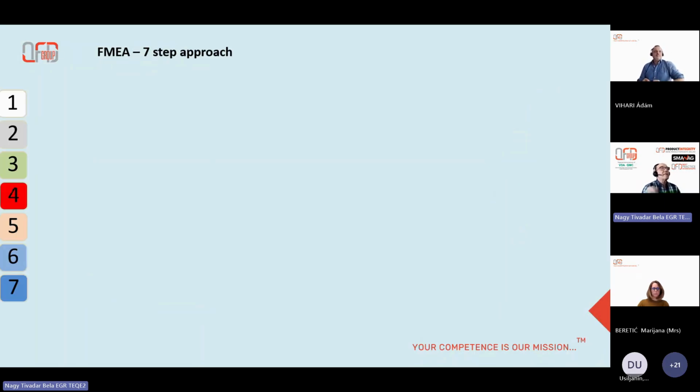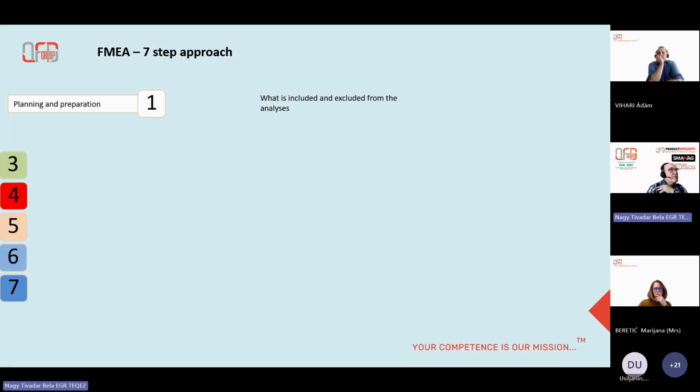Let's see how we deal with the FMEA activity. We use the 7-step approach. The first step is planning and preparation. It means we have to collect all necessary information, and we describe what we include and exclude from our analysis.